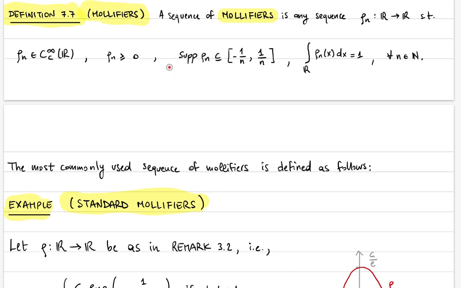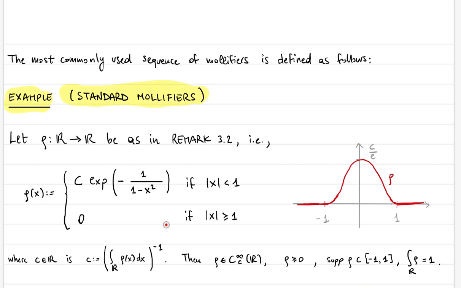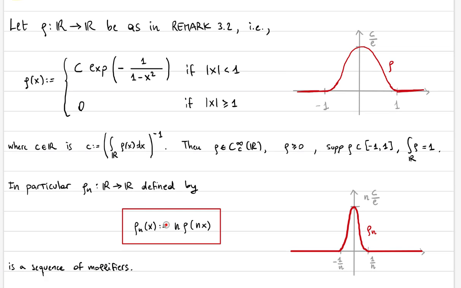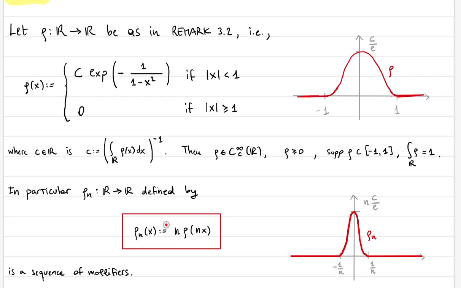Whenever a sequence of functions satisfies these properties, this sequence is called a sequence of mollifiers. So we see here an example, which is the one of standard mollifiers. Maybe we saw this already in the beginning of the course.